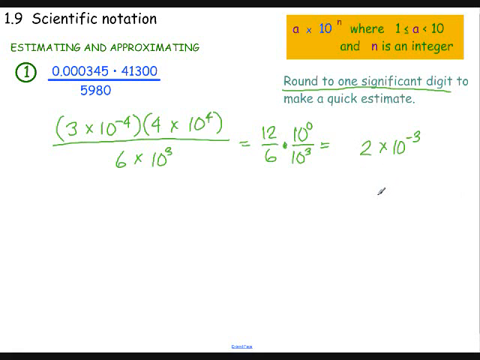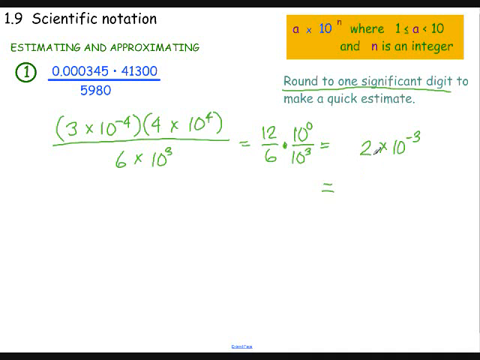So we can make a pretty quick estimate here. And if you wanted to put it into standard form, it's actually not that difficult, is it? Whoops. That's difficult because I'm doing it incorrectly. So this would be getting smaller and smaller and smaller.